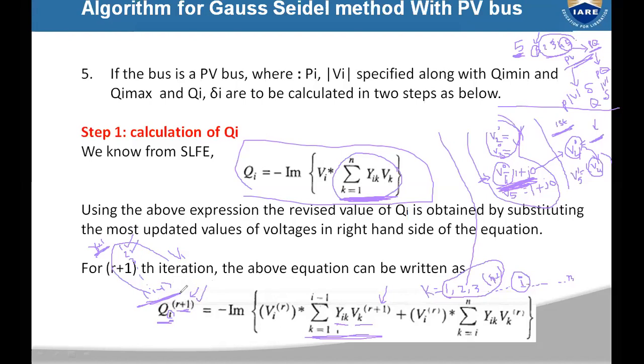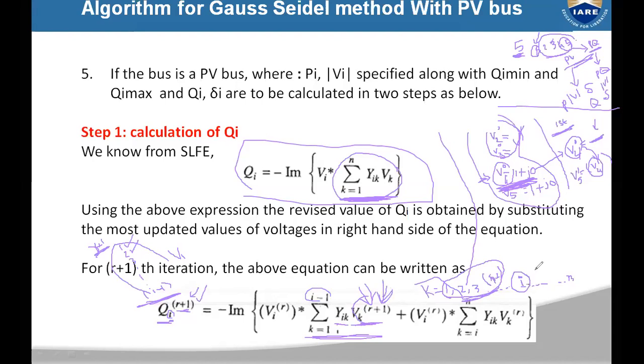So in this case, which value do you have to update? If k is from 1 to i minus 1, that means all the components before i, from 1 up to i minus 1, all values are updated in the same iteration only, right?